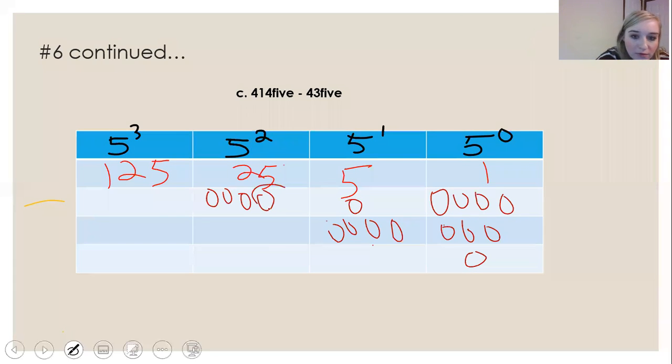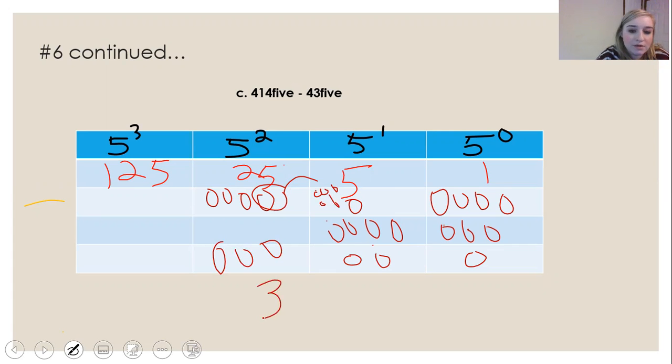If we borrow 1 from here and move over here, remember that represents 5, 3, 4, 5. So we have 6 minus 4 is 2. And then here we only have 3. So we're just going to drop that down. And then we're going to be 3, 21.